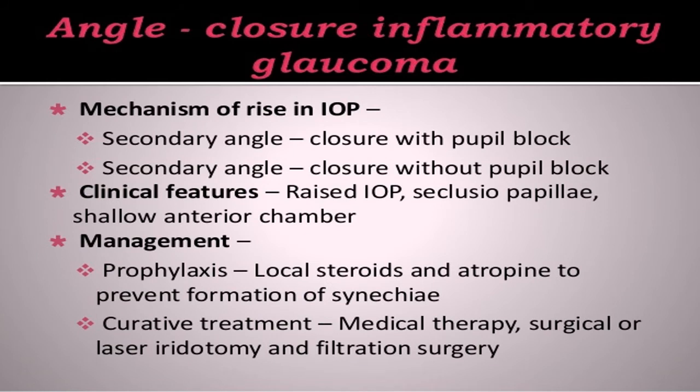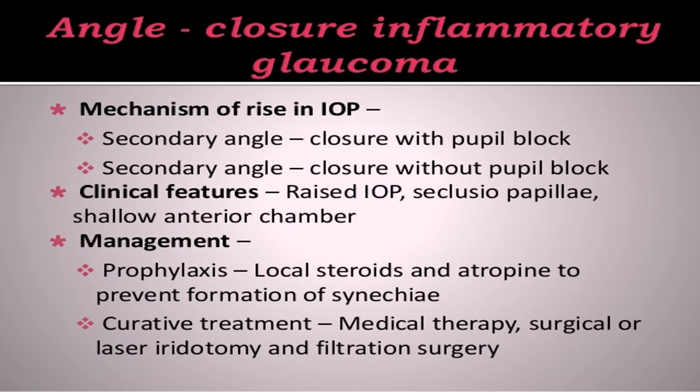So in angle closure inflammatory glaucoma, there will be secondary angle closure with pupillary block and secondary angle closure without pupillary block. Whenever there is a uveitis, we already know how the synechiae take place. It is because of the inflammatory condition, the pupillary margins are attached to the anterior capsule of the lens.